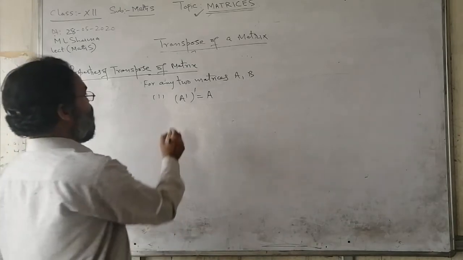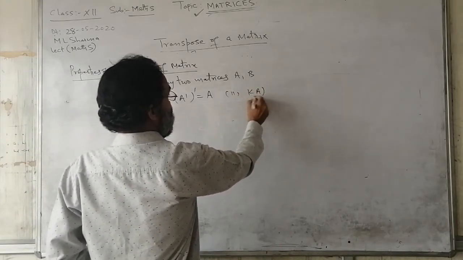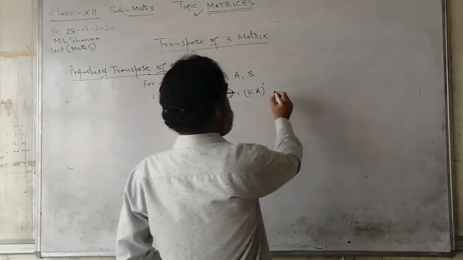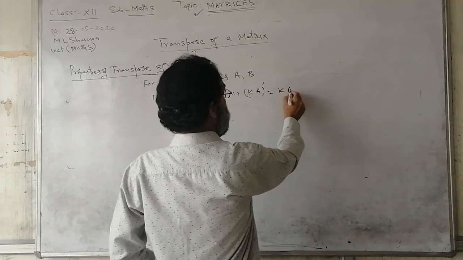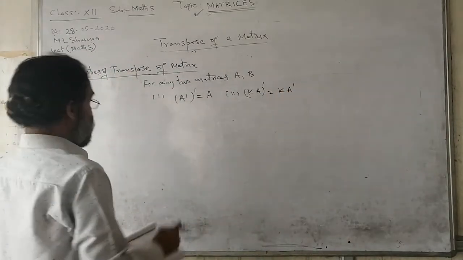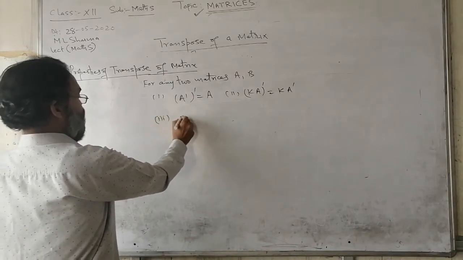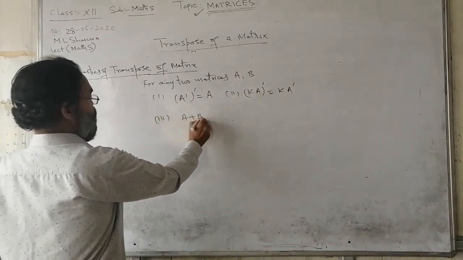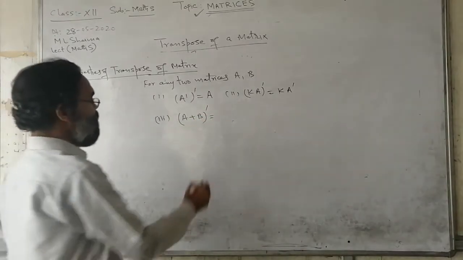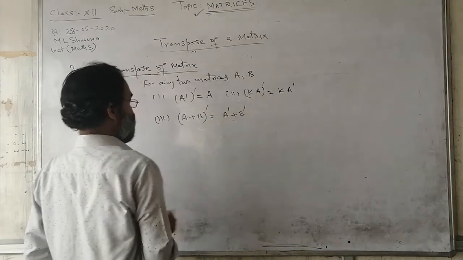The second property is A transpose, where K is a scalar. So this is equal to K times A transpose. So this is the second property. Third property says A plus B transpose is equal to A transpose plus B transpose.